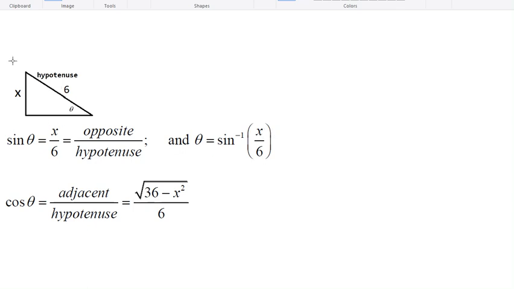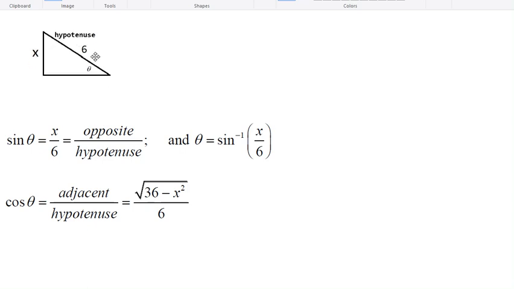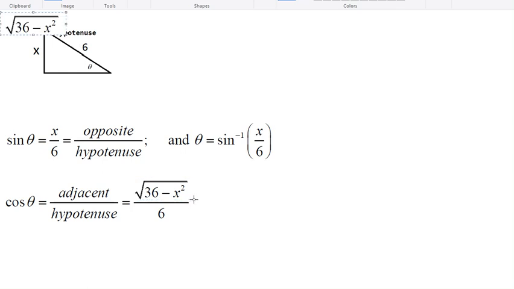And then this side right here, the adjacent side, will be the square root of 36 minus x squared. And then cosine of theta, by definition, is adjacent over hypotenuse, so it'll be the square root of 36 minus x squared divided by 6.